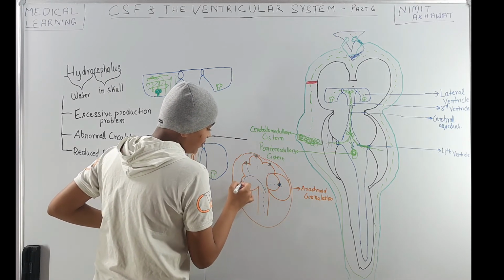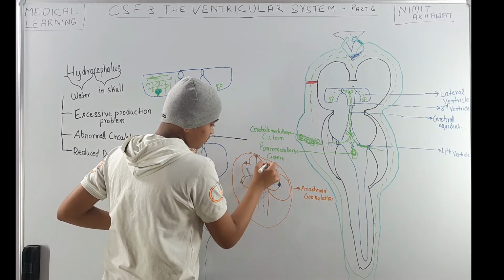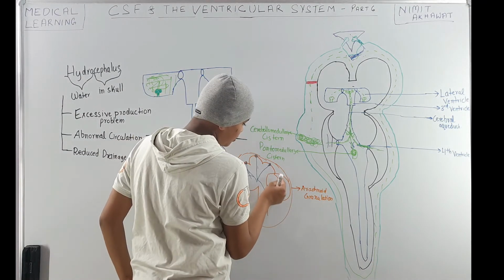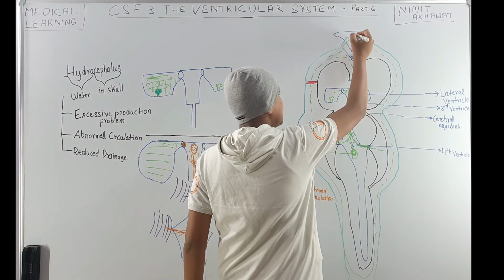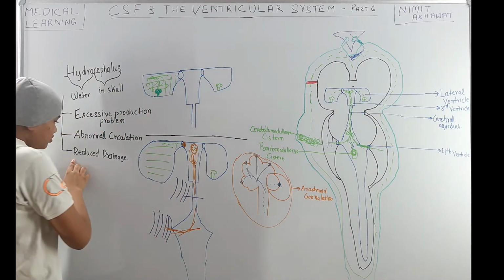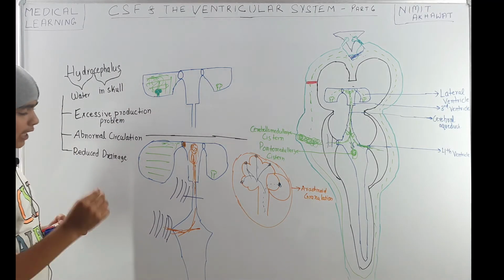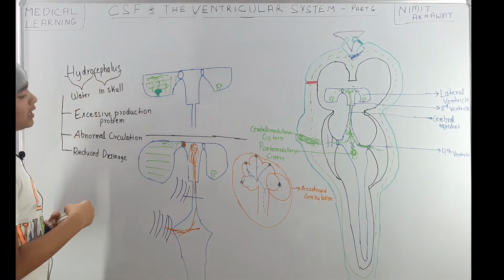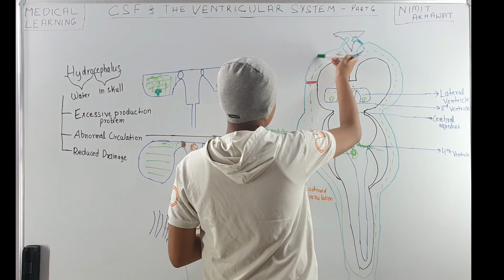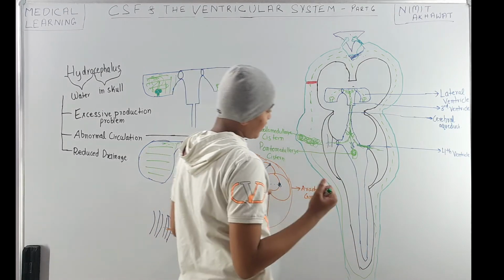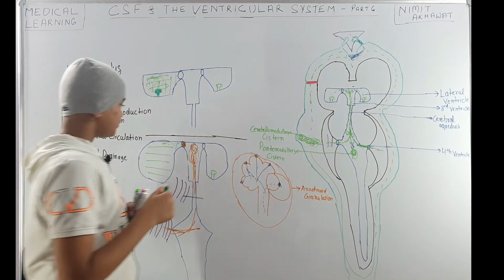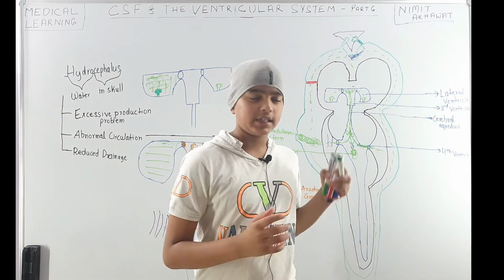And when these microscopic holes are blocked, it does not allow cerebrospinal fluid to pass through them and enter the superior sagittal sinuses. And this causes reduced drainage of cerebrospinal fluid, causing hydrocephalus. An excessive amount of cerebrospinal fluid is collected in the subarachnoid area, with excessive expansion of the fourth ventricle, lateral ventricle and the third ventricle.